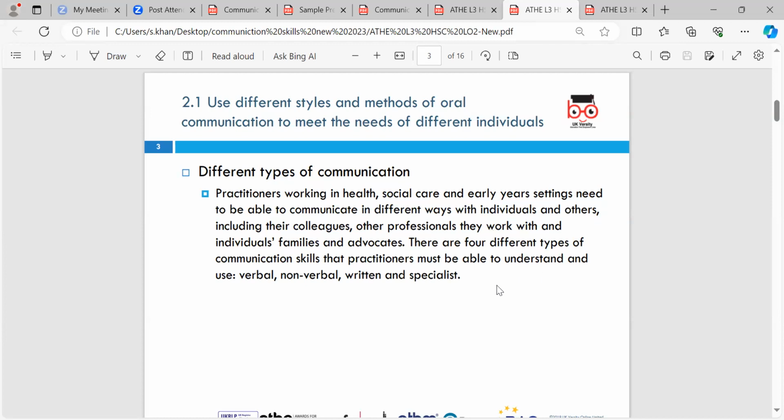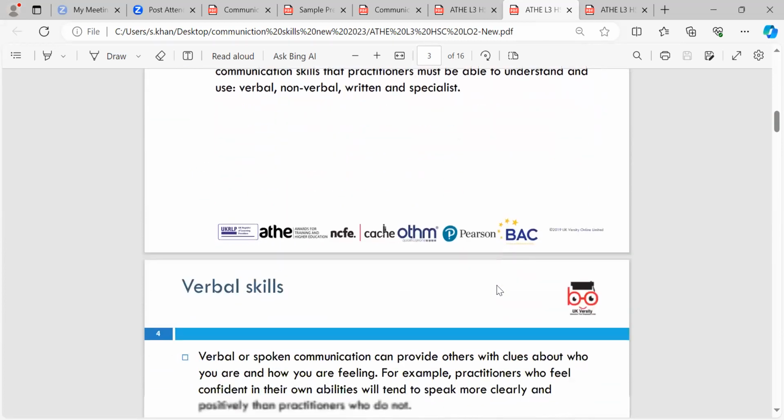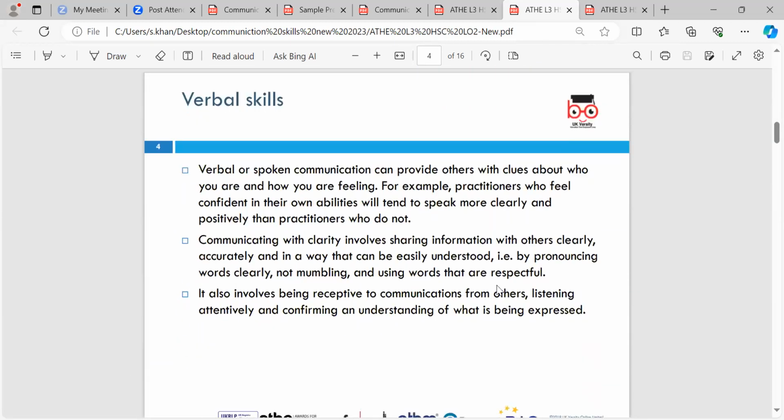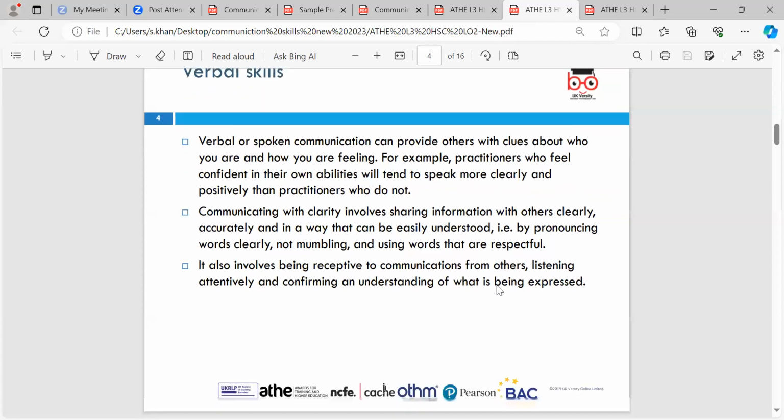There are 4 types of communication skill that practitioners must be able to understand and use: verbal, non-verbal, written, and specialist. Practitioners who feel confident in their own abilities would tend to speak more clearly and more positively than practitioners who don't.